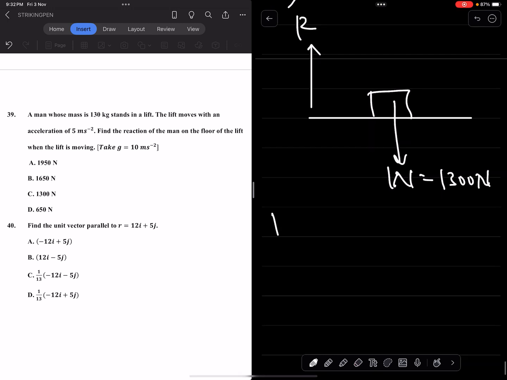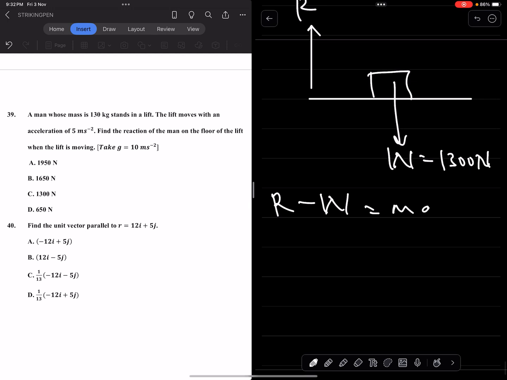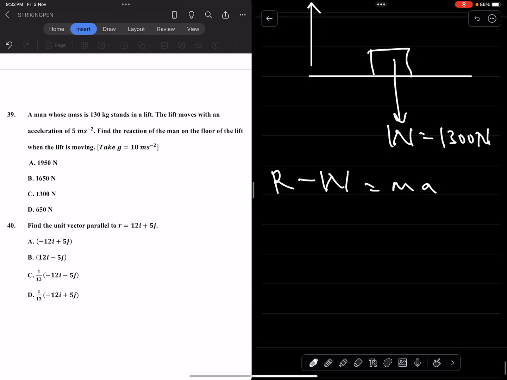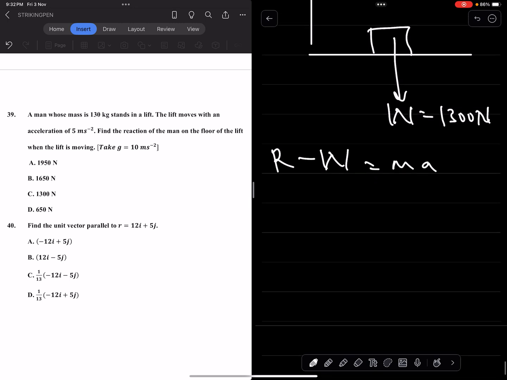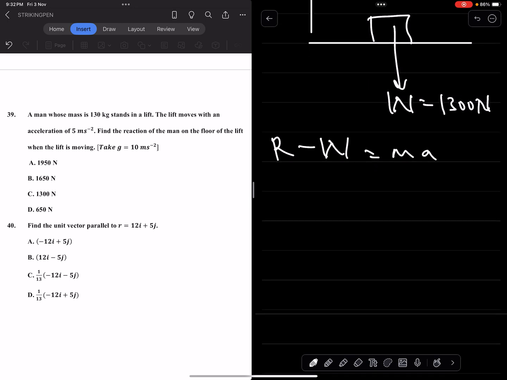So R minus W is equal to MA. If the man is moving up, that means there's an acceleration, and we already know that A is 5 meters per second squared. We want to find R, so R minus mg, because W is mg, equals MA.